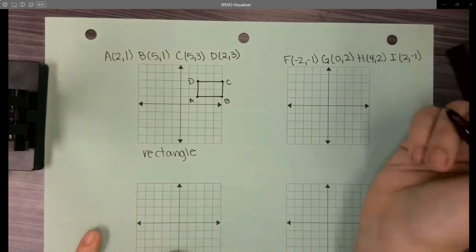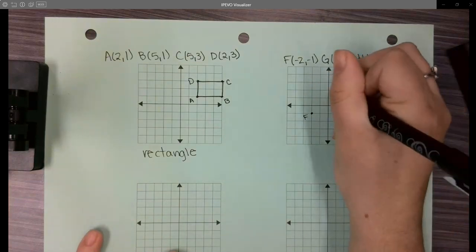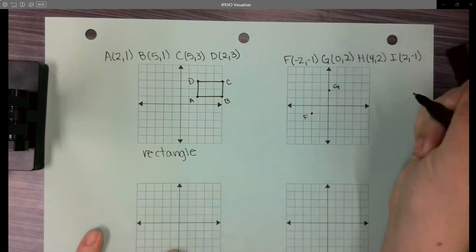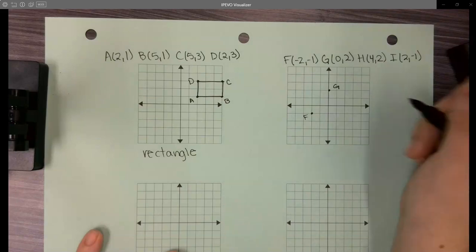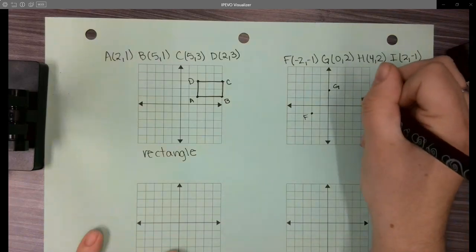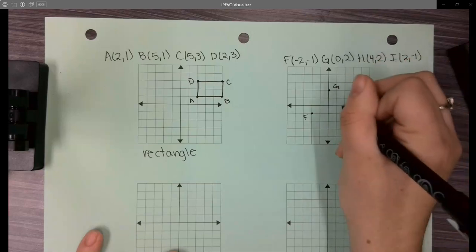And then I want to go plot my points. I have (-2, -1). I have (0, 2). I have (4, 2). I have (2, -1).